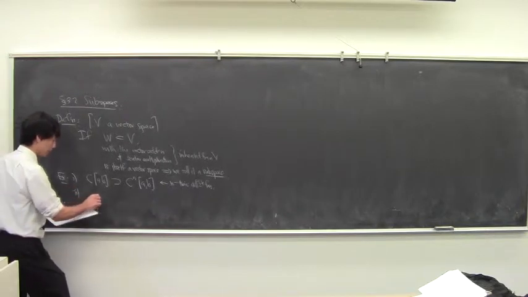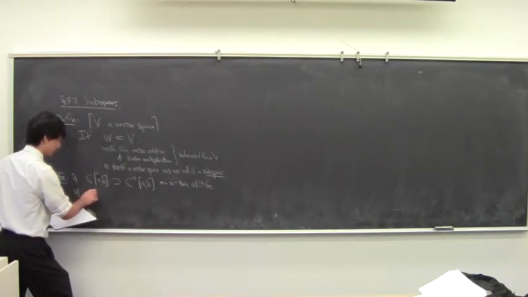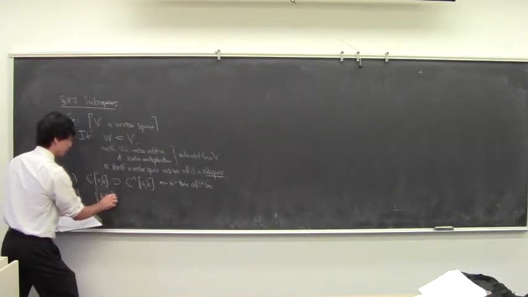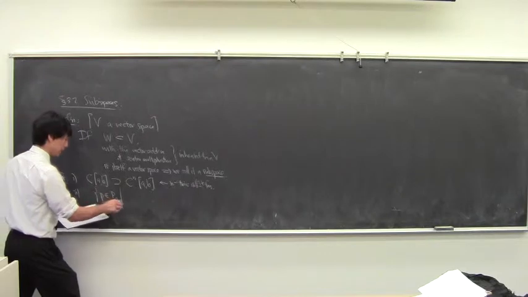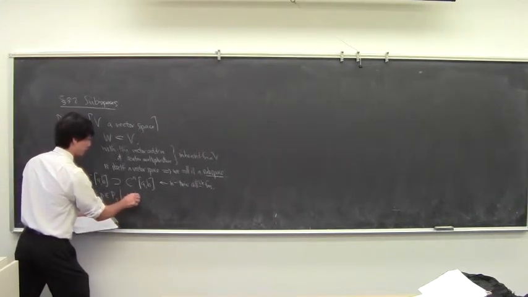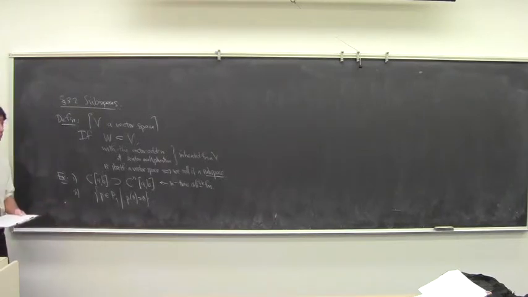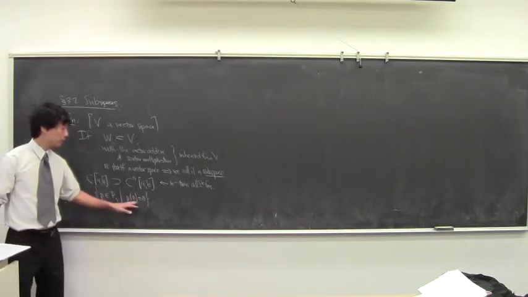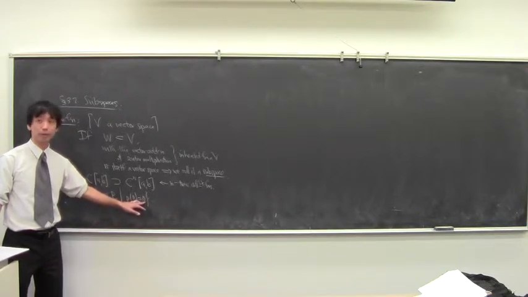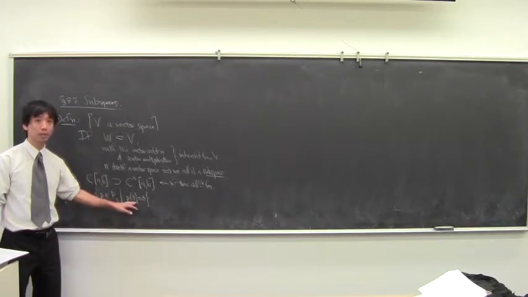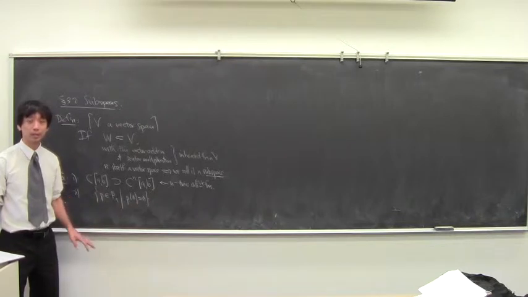Another example, if we consider the polynomials of degree less than n, which have a value of 0 at 0. So all the polynomials of degree less than n which give you a 0 at 0. Okay. Is that a subspace?